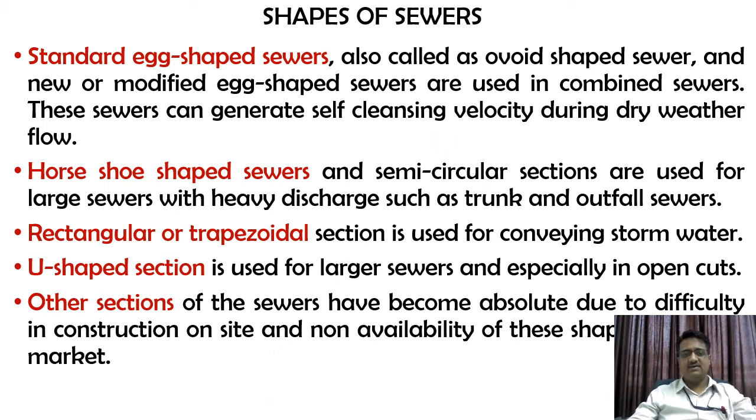Imagine I have a sewer something like this. Check out the conditions here. In a combined sewer, all your sewage plus runoff will flow through the same pipe, so usually these combined sewers have a larger size. During dry weather flow in a combined sewer system, only the sewage will be flowing.